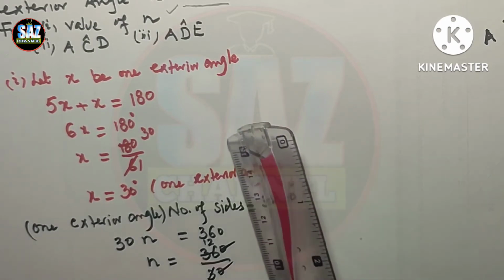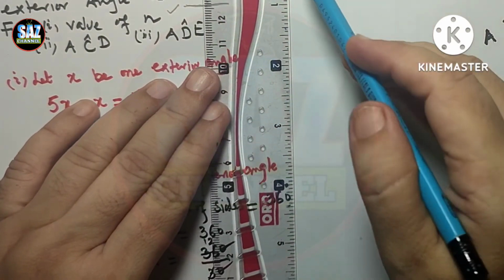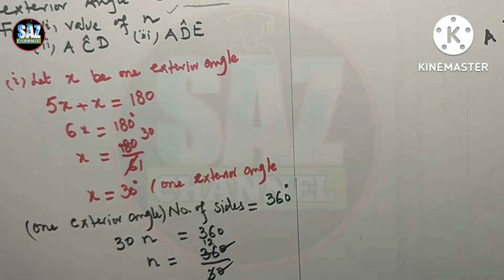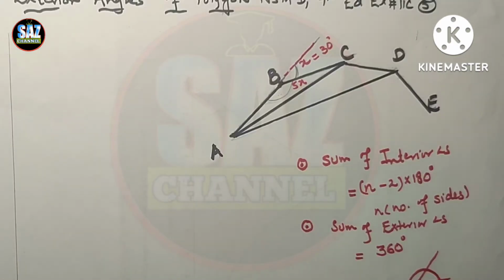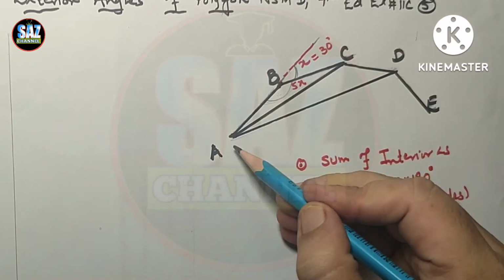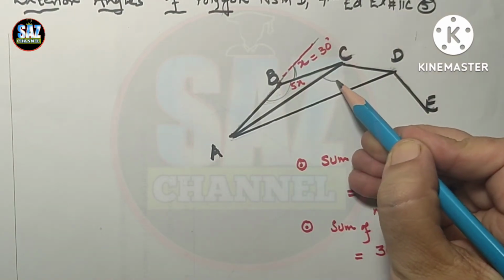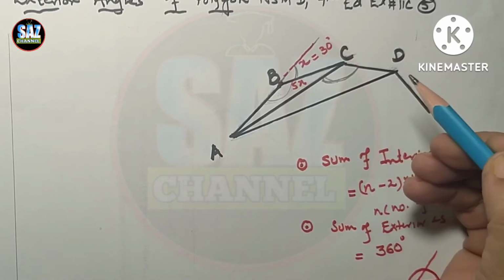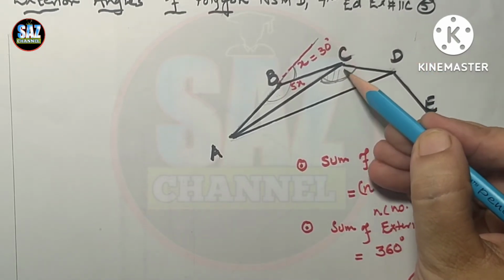Now we go to the second part, that is angle ACD. Again, we have to focus our attention on the diagram, angle ACD. We need to find this portion of the diagram. This is the requirement of the question, students.